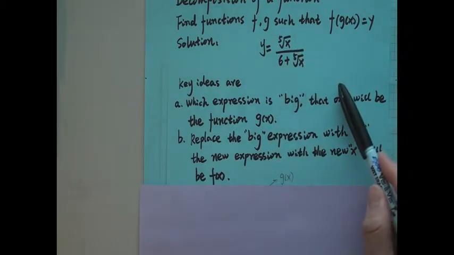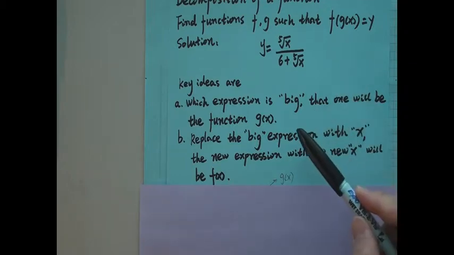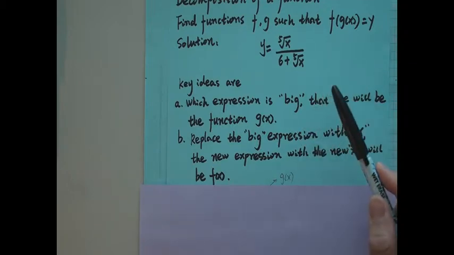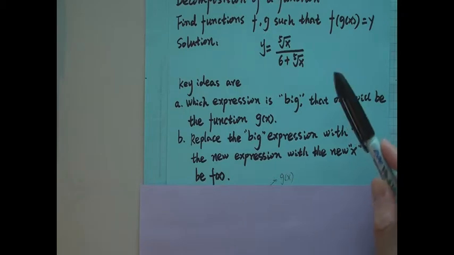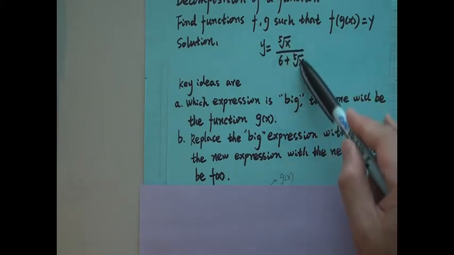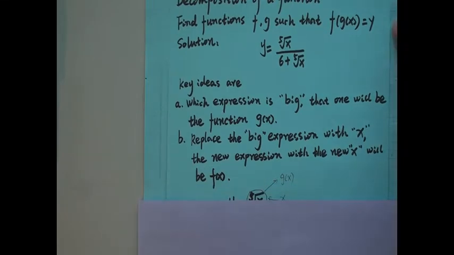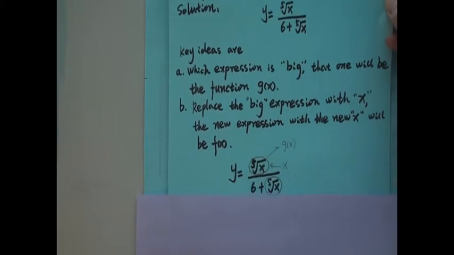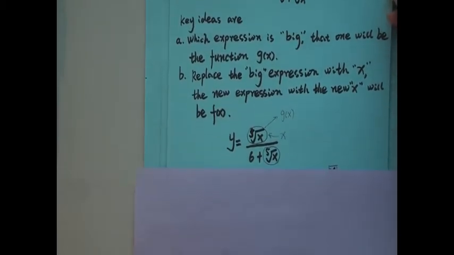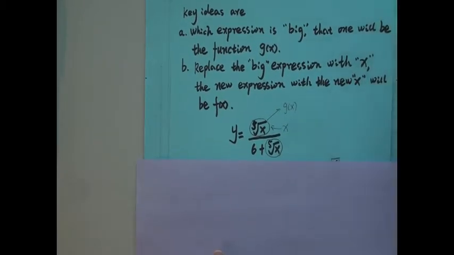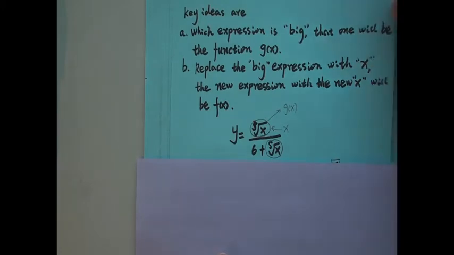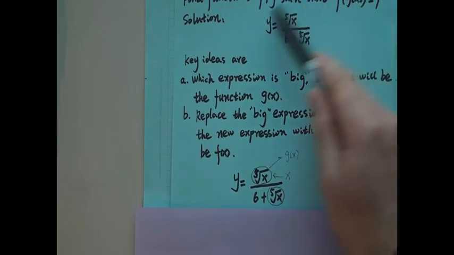Which one is big? Then that one will be g of x. Then you replace this big expression by a new x, and then the new function you get will be f of x. So you see how to find out f, g.